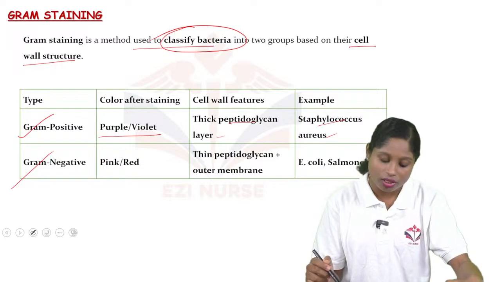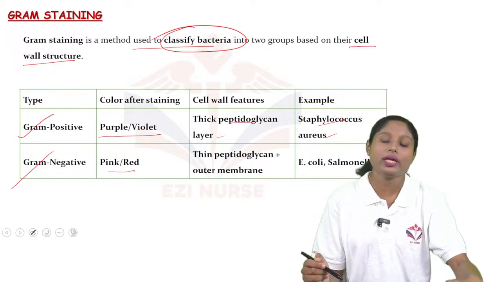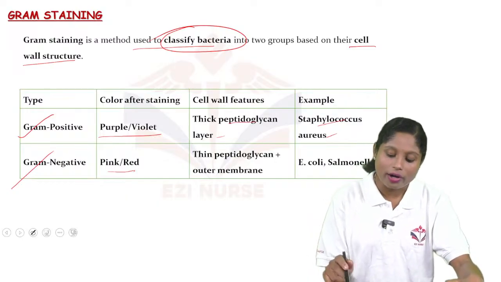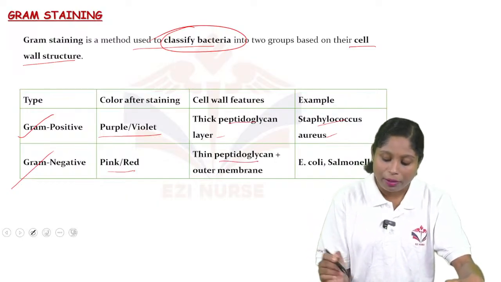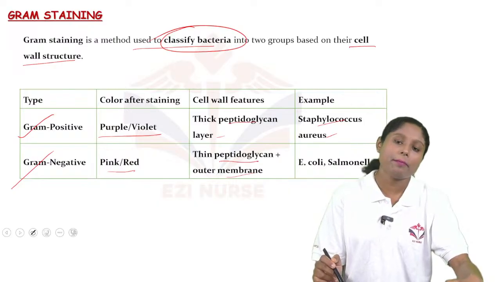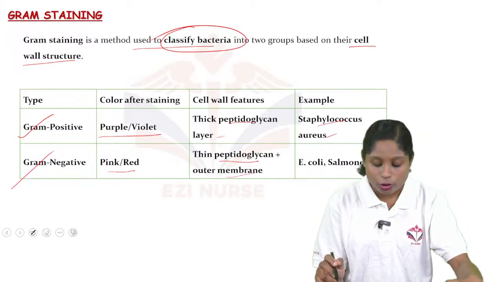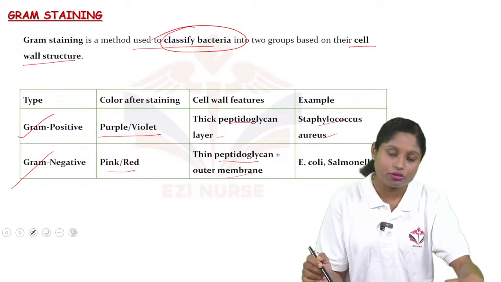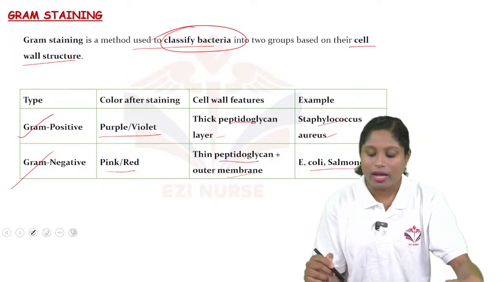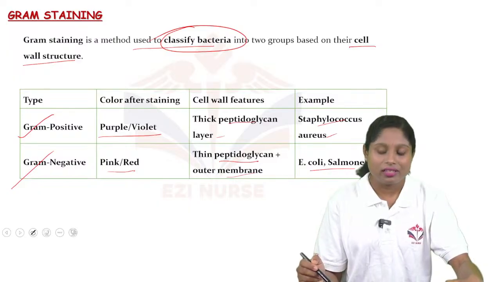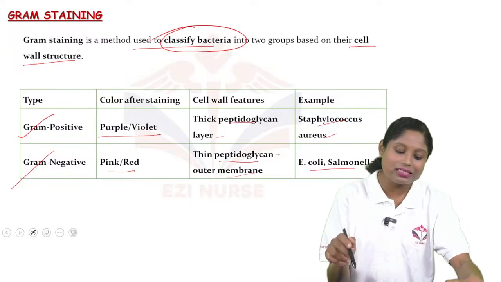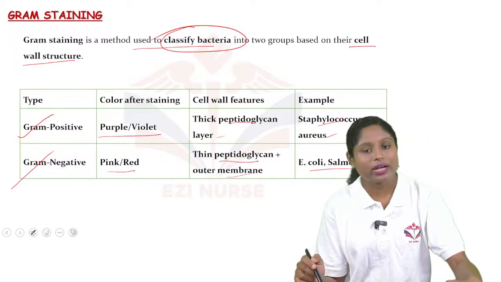After staining, they will be pink or reddish in color. The features are a thin peptidoglycan layer plus an outer membrane, and the peptidoglycan is thin compared to gram-positive bacteria. Examples are E. coli and Salmonella typhi. So these are the examples for gram staining.